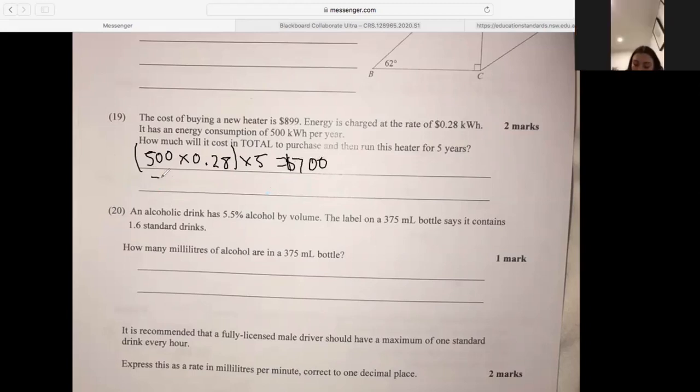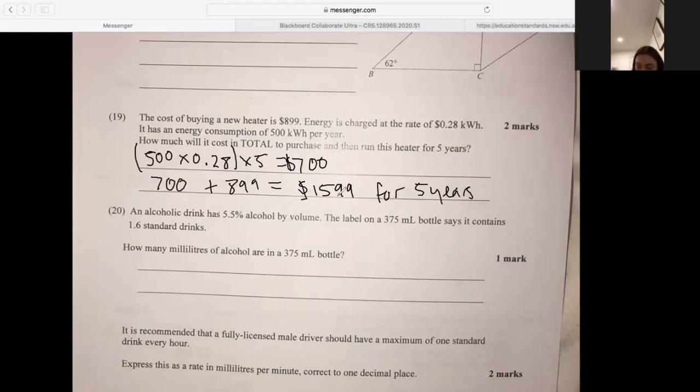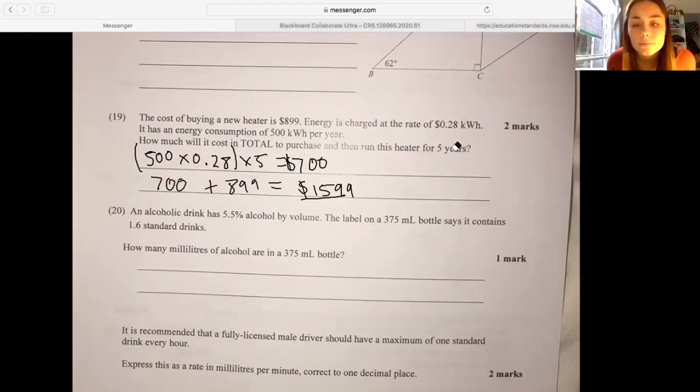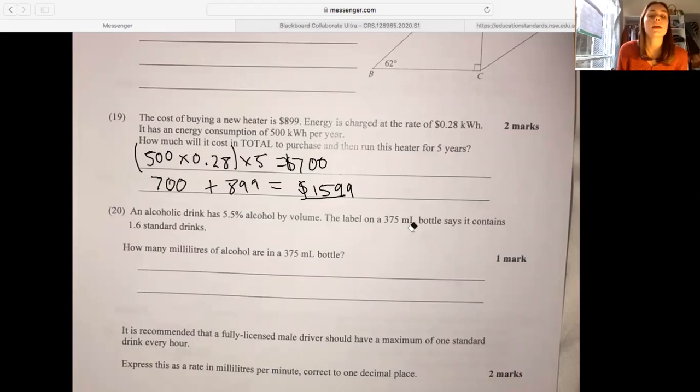Yeah, and then that's it. Equals 1599 per year? No, for 5 years. Okay, so that's the purchase price and then running it for 5 years.